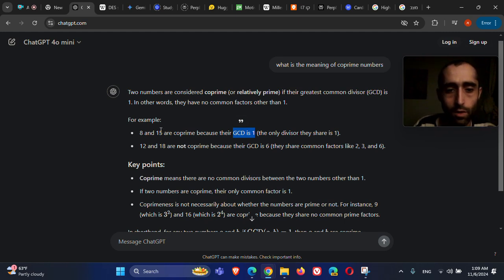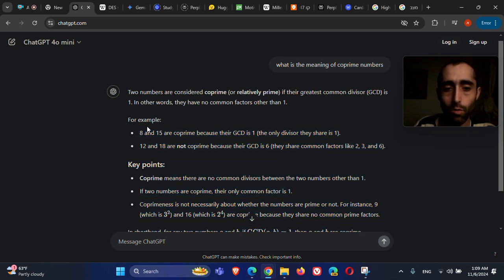So 8 and 15 are co-prime because the only number that divides both is 1. And 12 and 80 are not co-prime because their greatest common divisor, the biggest number that divides both, is 6. They are also divided by 1, but the greatest number is 6 and is greater than 1, so they are not co-prime.